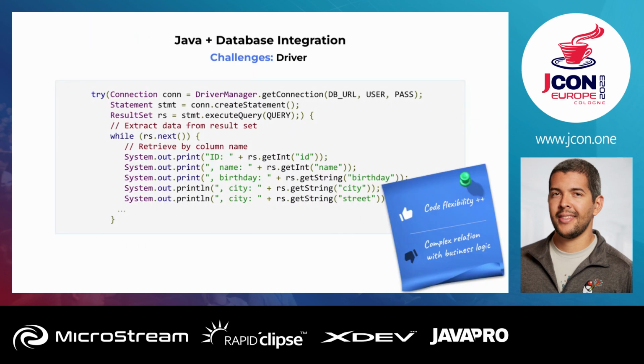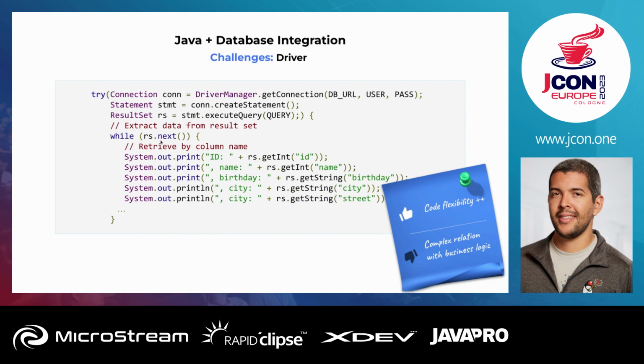And when we talk about persistence in Java, there are a couple of ways to use abstractions. If you go with the driver approach, you become closer to the code and the database, and far from the business. So we are not hiding enough. This one here is simple code with JDBC.